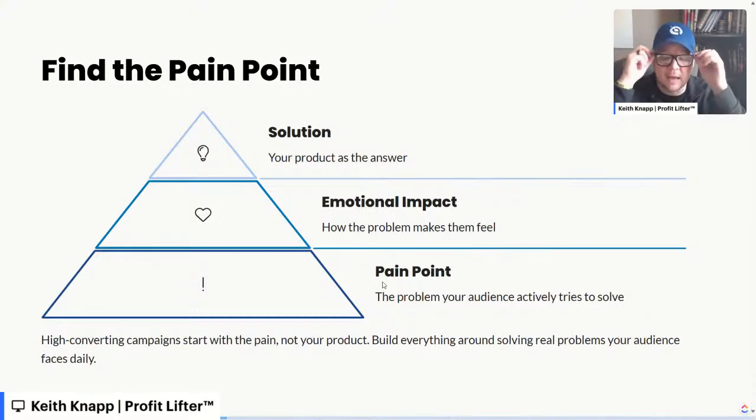So let's give some examples. Let's say you're in the business lending space, because I know some of you watching are. The first thing I want you to think about is, what is the pain point that your audience is going through?